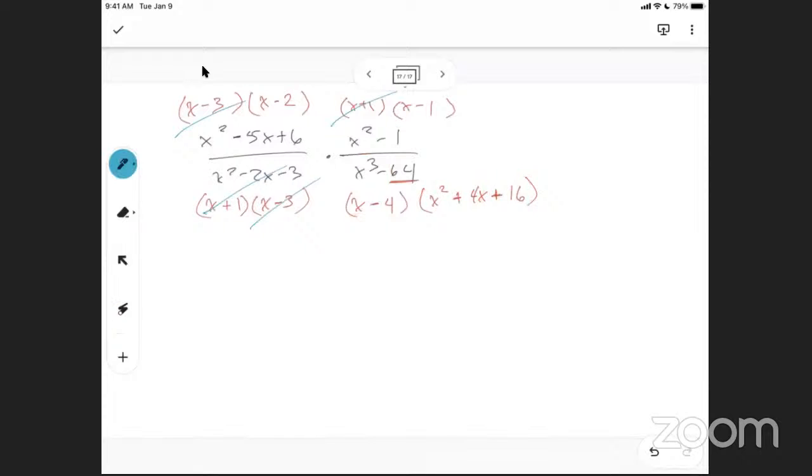Your answer is x minus 2 and x minus 1 on the top, and on the bottom, it's x cubed minus 64. Since none of that canceled, you can just write it back again and it looks a little nicer.